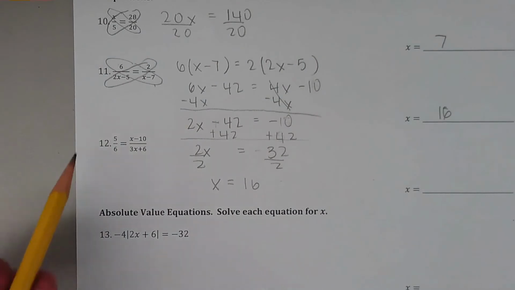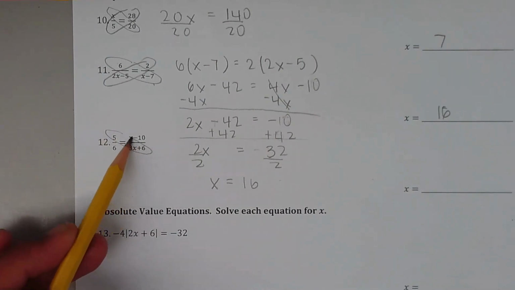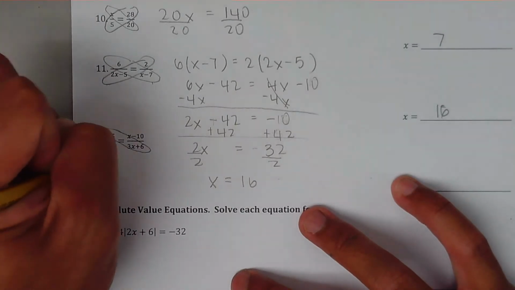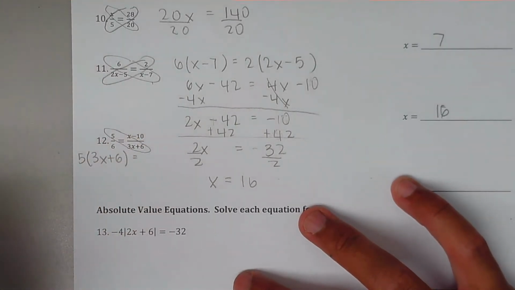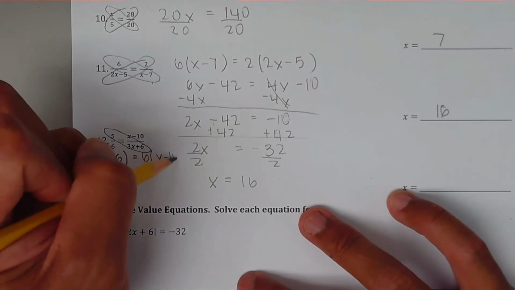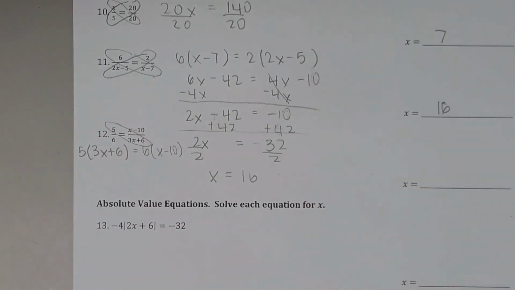Okay, question number 12. We can cross multiply once again. 5 multiplied by 3x plus 6 is equal to 6 times x minus 10. So making sure to put that in parentheses.